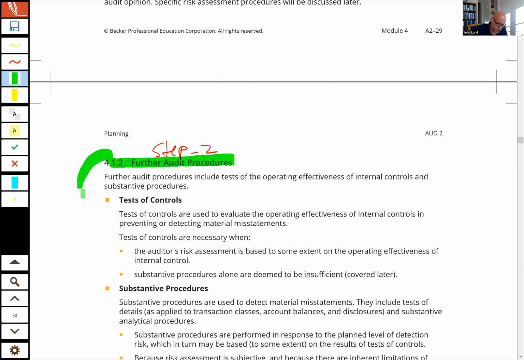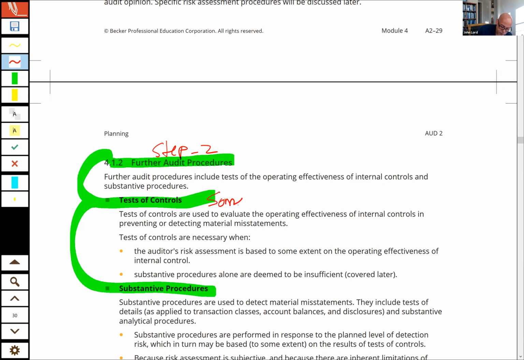And when we look at our further audit procedures, they are constituted of test of controls and substantive procedures. Now, test of controls are done sometimes. So sometimes we will test the controls.